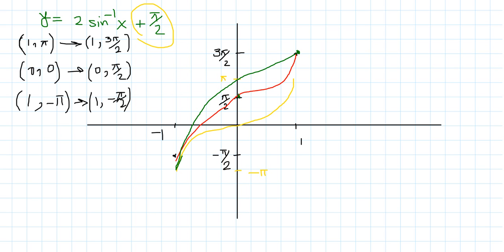Sorry, it is not good. Now this point is this. It is the graph by shifting.